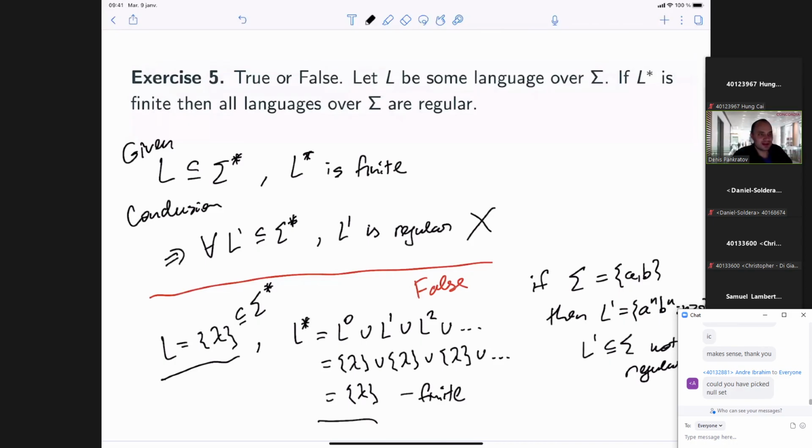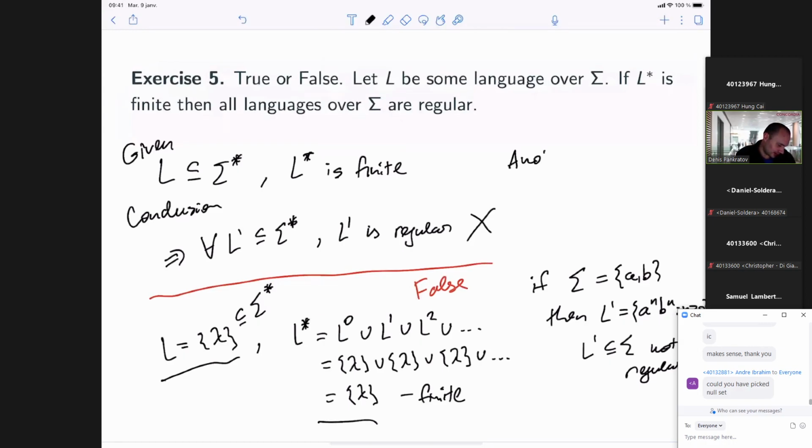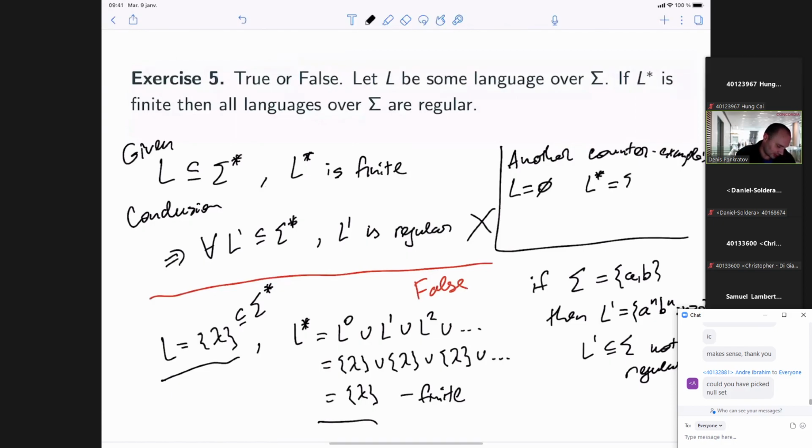Could you have picked the null set? Yes, you could have picked the null set. Another approach or another counterexample: if you pick L to be an empty set, then L star is going to be, again, lambda, the language containing lambda and only lambda, and it's finite.